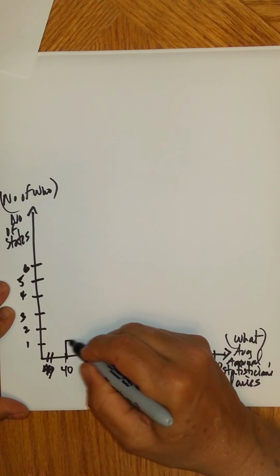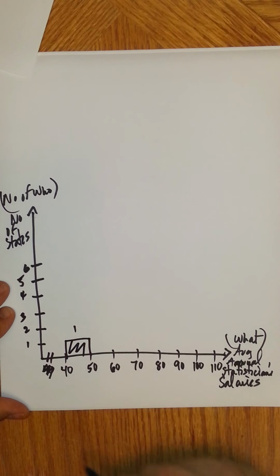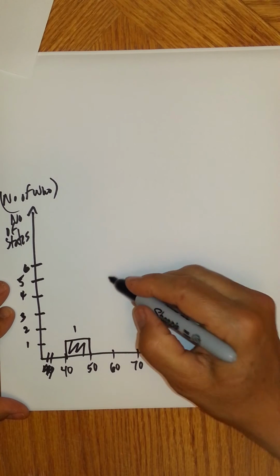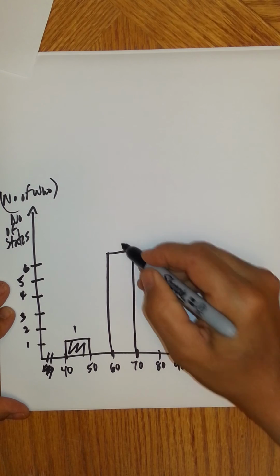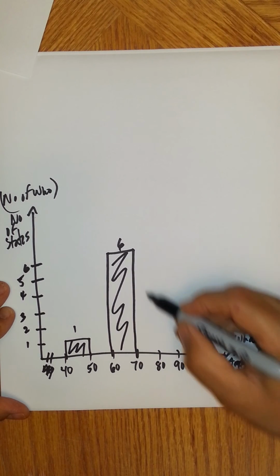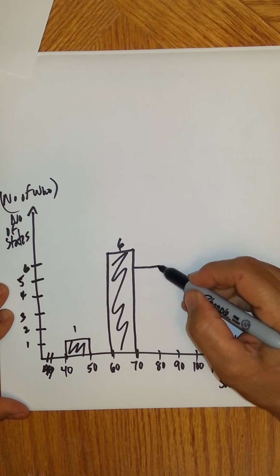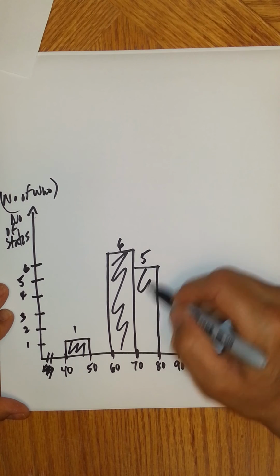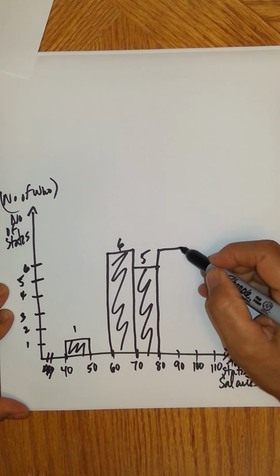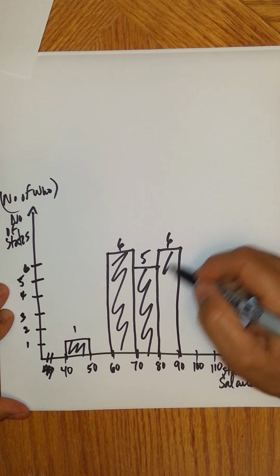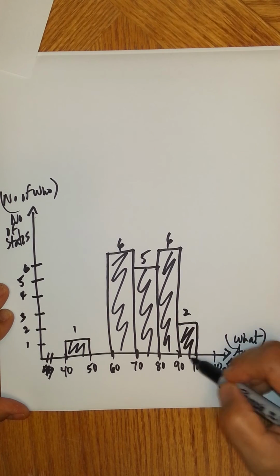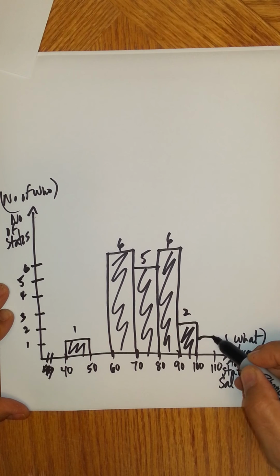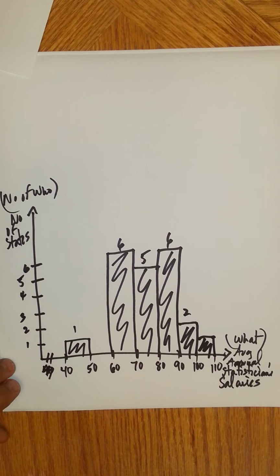So we have 1 value here, and then no values here, 6 values here, and then 5 values here, and then 6 values here. And we have 2 values, and then 1 value. Okay. So that's making a histogram by hand.